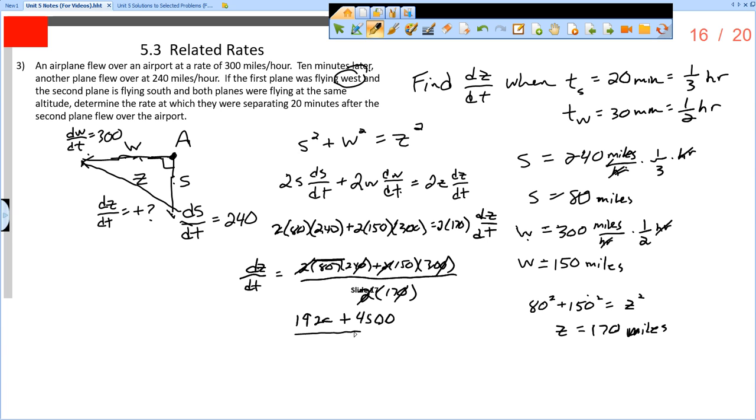So 1920 plus 4,500, and then divided by 17, gives us approximately 377.647. And that would be in miles per hour.